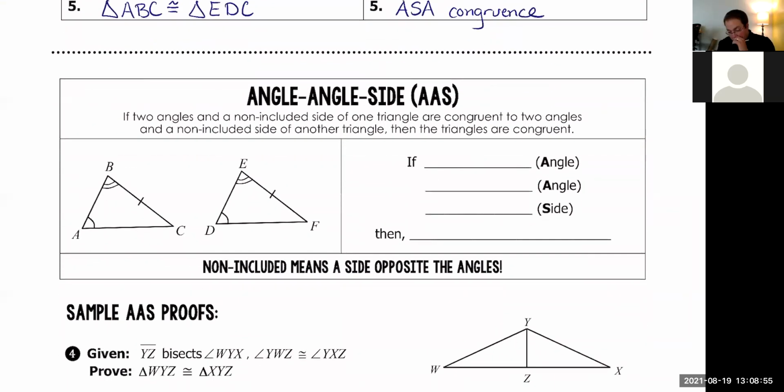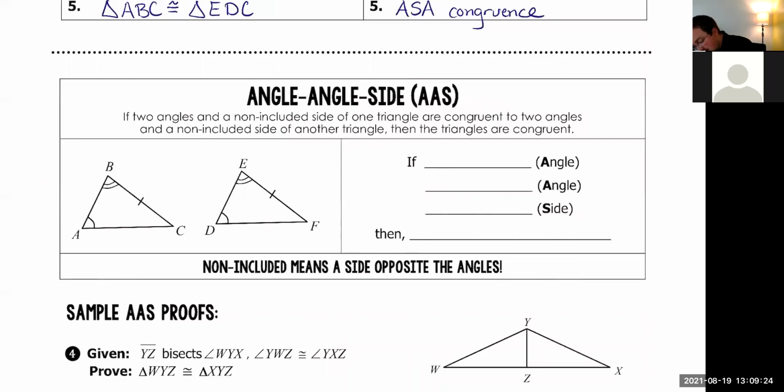We're going to transition now into, so in total, that's 3. This is our 4th one, if we include yesterday's. Angle angle side congruence, which says that if two angles and a non-included side of one triangle are congruent to two angles and another non-included side of another triangle, then there is enough information to say that the triangles are congruent.